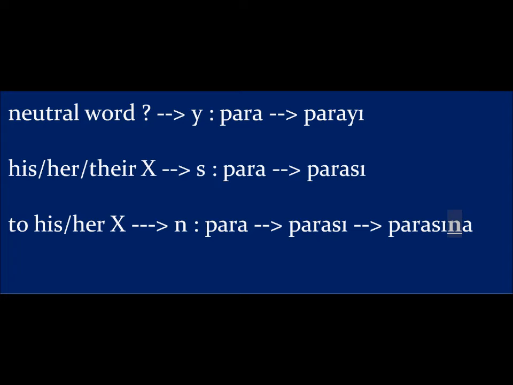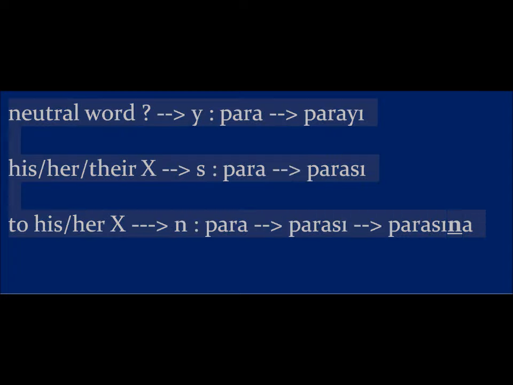This doesn't have to be only genitive and dative. For example, parası n, accusative, parası plus n, his money in accusative form, parası and a, his money plus dative form. Now the thing is, we don't only use it for the two vowel situation. This genitive plus something is for every case.